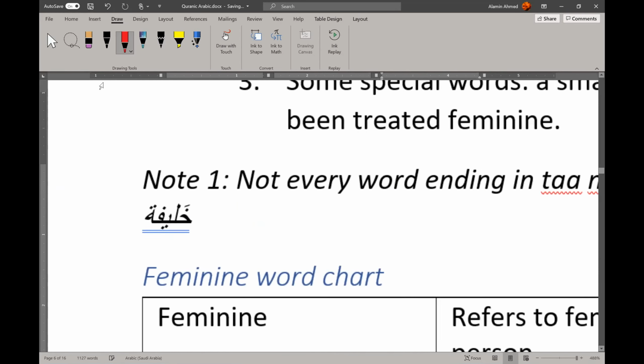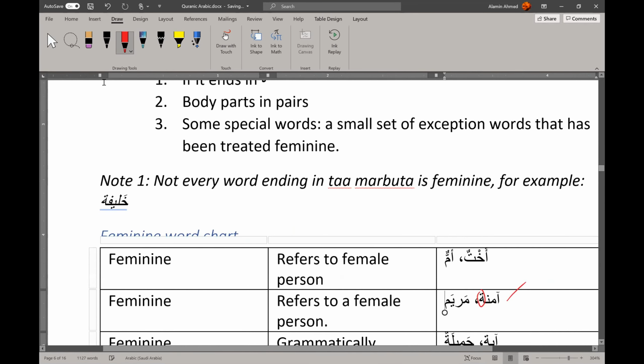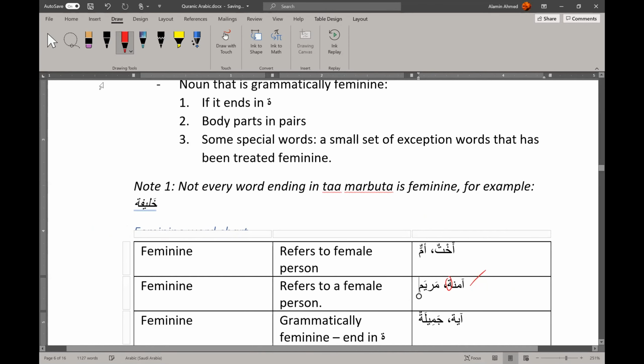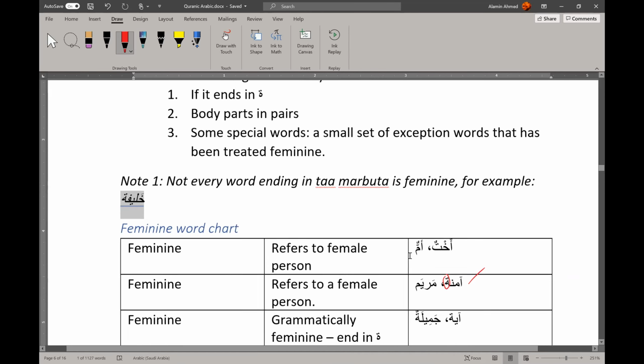Right now a lot of people will not understand what we're talking about, because we have to use them in a sentence to understand what it means to treat it as such. But here, khalifa is masculine. Of course khalifa is masculine. Umar radiallahu anhu is masculine, so we say he is a khalifa. We cannot say she is a khalifa. This is one good example, and the Quran also uses this word.